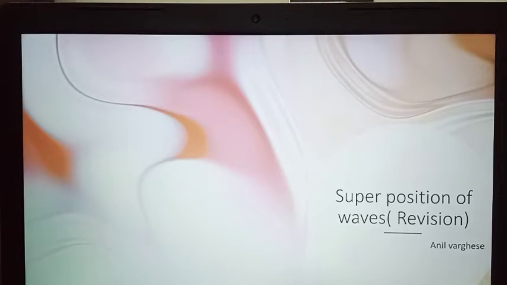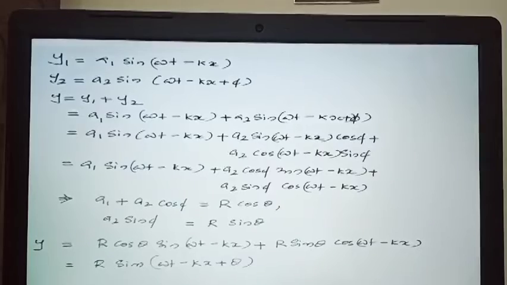Based on the superposition principle, we have already defined interference of 2 waves. There we considered y1 is equal to a1 sin(omega t minus kx), the incident wave, and y2 is equal to a2 sin(omega t minus kx plus phi), the second wave. According to the superposition principle, y1 plus y2 is equal to y.